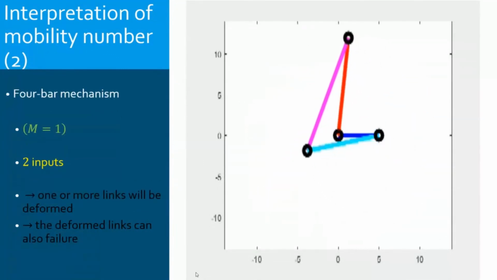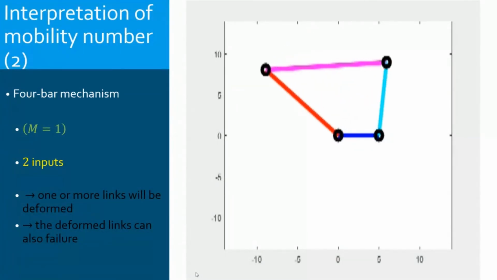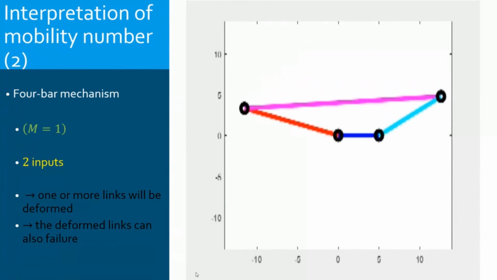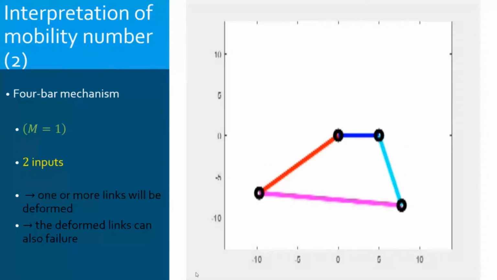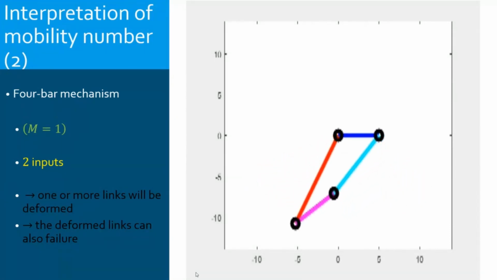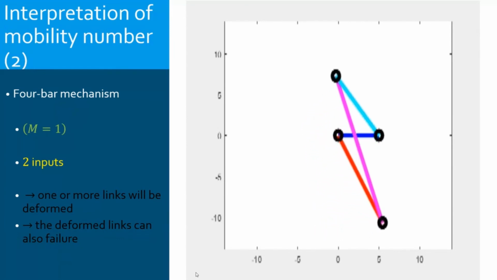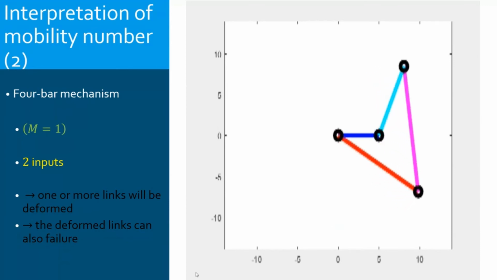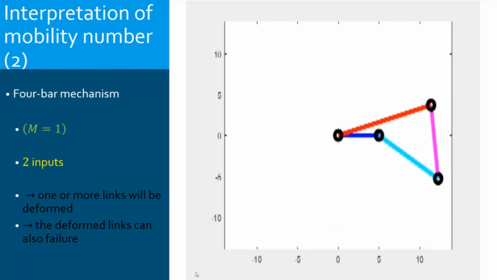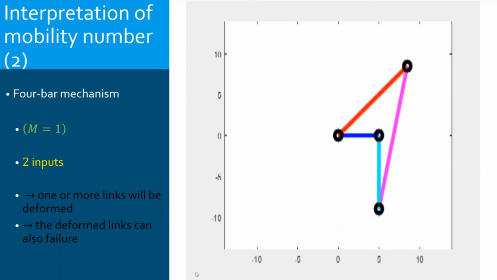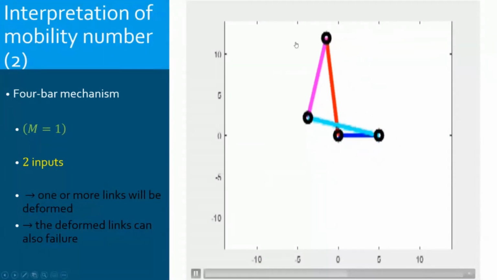Now this one, try to focus a little bit on the pink link. In this case, I have given the mechanism more inputs than required. The 4-bar mechanism has a mobility equal to 1, and here I have controlled 2 links. I have assigned the motion for the 2 cranks, the red bar and the cyan bar.